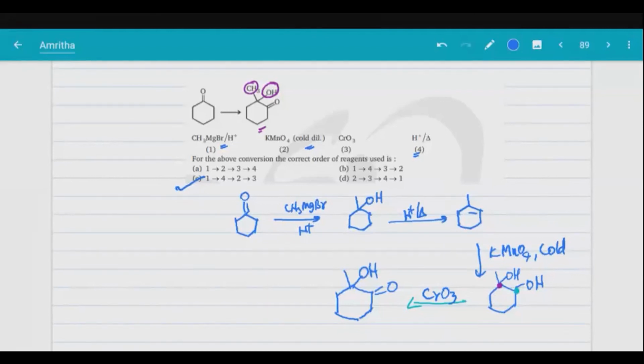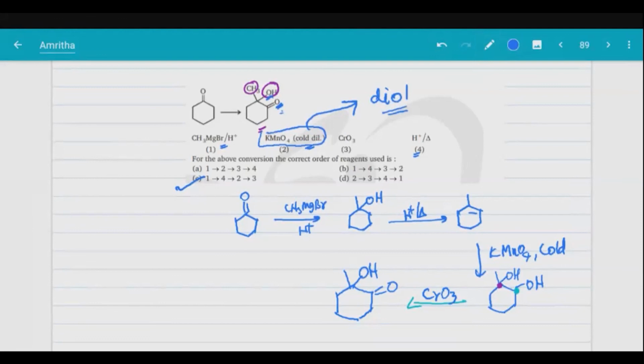Arya, can you explain the question once more? Acha, acha. See, look at this. We are getting here 2 oxygens. That is a trick. 2 oxygens here. How to get 2 oxygens? In the middle, KMnO4 must be there, because we should know the role of KMnO4. This gives diol with alkenes.